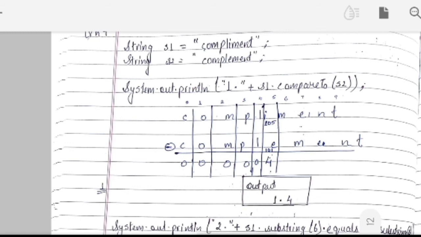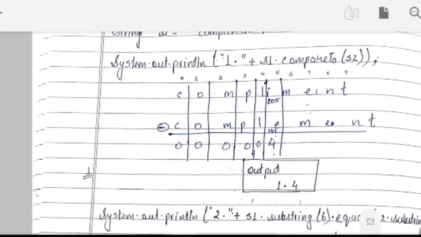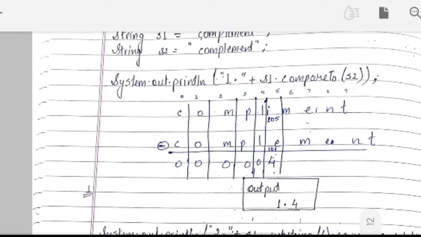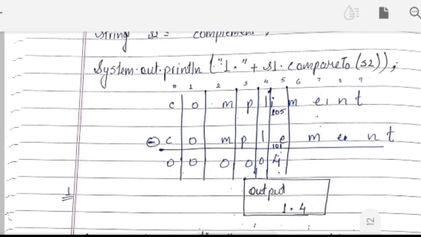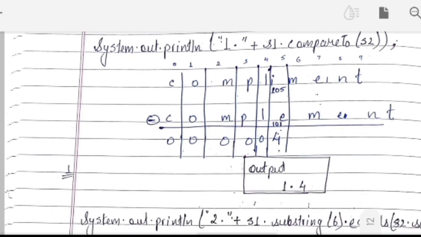The first statement was System.out.println of s1 compareTo function with s2. In the compareTo function, we match the characters of both strings and find the first unmatching character. Like here we can see that the first unmatching character is I and E, and then we will take the difference of their Unicode values of the first unmatching character.